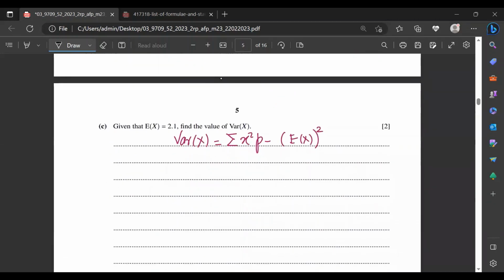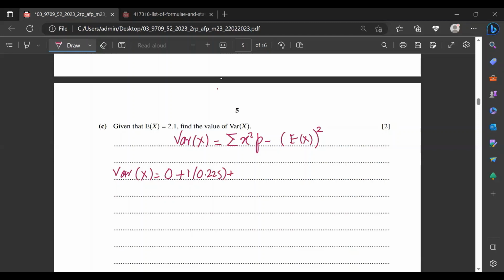So the variance of X is the sum of x square p, minus the expected value squared. Multiply the corresponding x square by p: 0 multiplied by p, the first is 0, the second is 1 multiplied by 0.225.